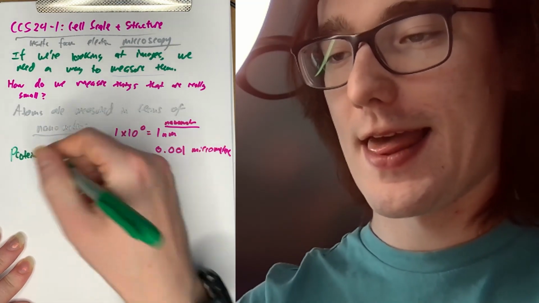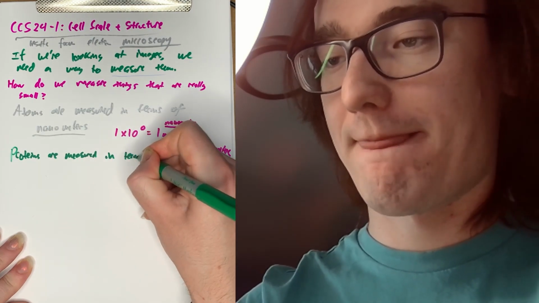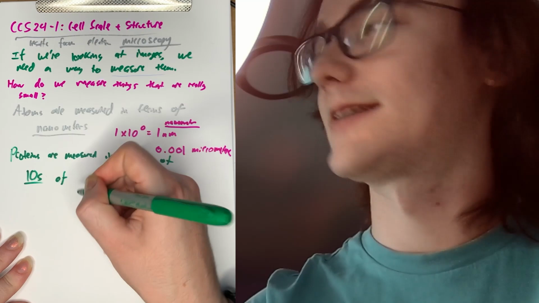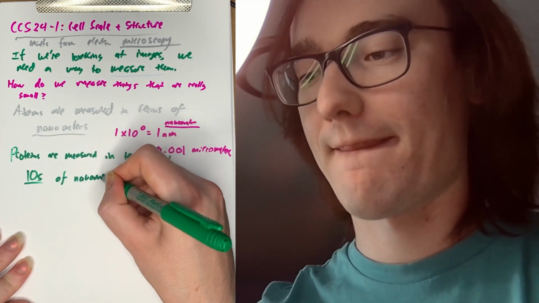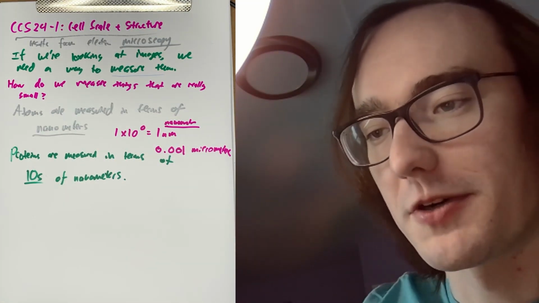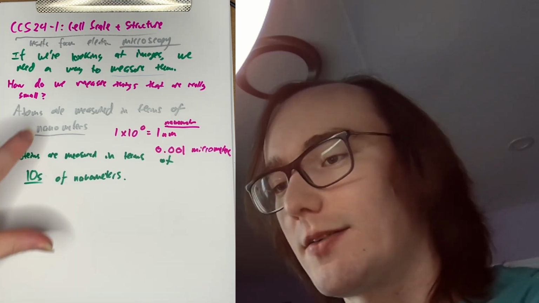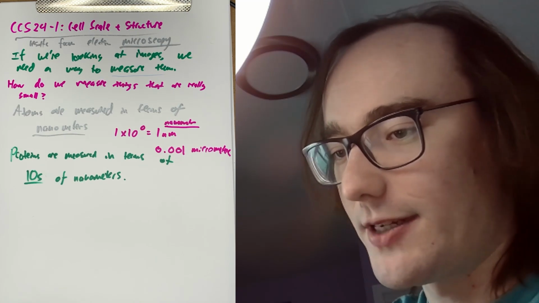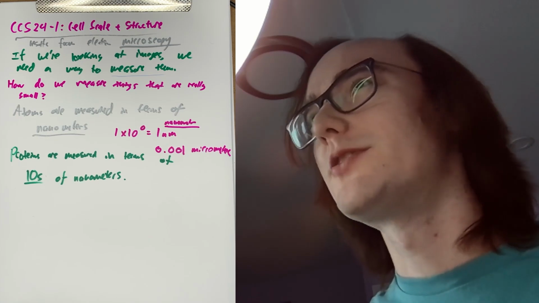Proteins are measured in terms of tens of nanometers. This gives us a very straightforward relationship, which is kind of cool. If atoms are about a nanometer or so big, and notice that atoms can have quite a large range, and proteins are tens of nanometers, well, that means we can assemble like 10 atoms together and start to build a protein.